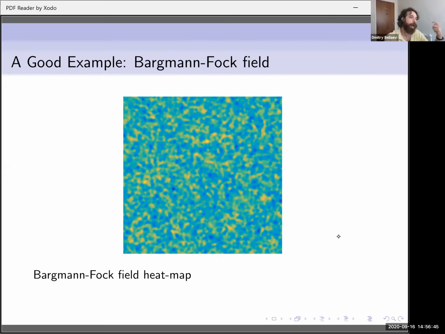A good example, where I can bet that this conjecture is true, is the Bargmann-Fock field. Let me remind you that this is the field where the covariance kernel is Gaussian.